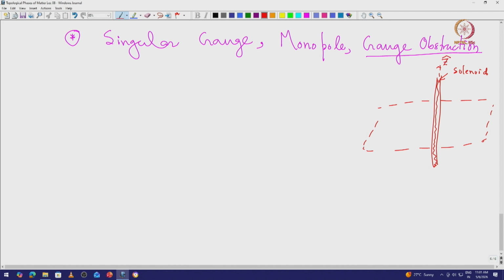This is where the magnetic field is confined, B inside, whereas B is 0 outside. And now we have an electron, and here the base point does not matter, and this is the setup.